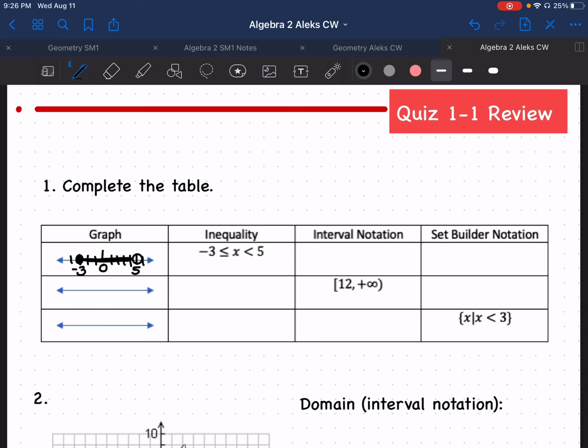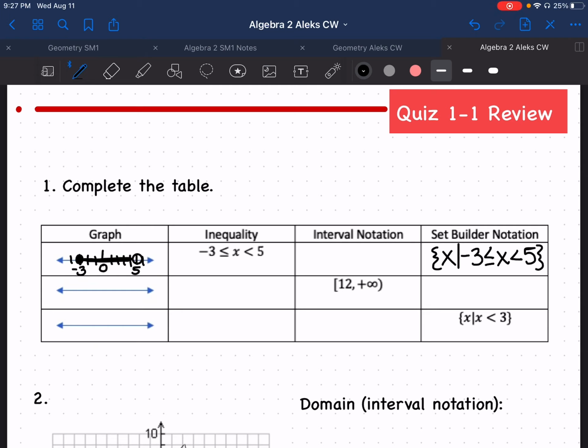So set builder notation, I already know it's going to start with the squiggle, the variable x, and the vertical line. That means all real numbers x, or all the values of x, that. And then I'm just going to copy the inequality that was given to me.